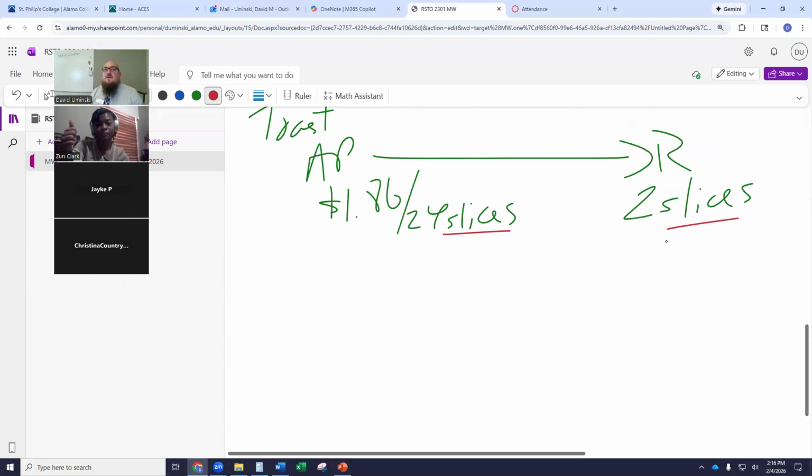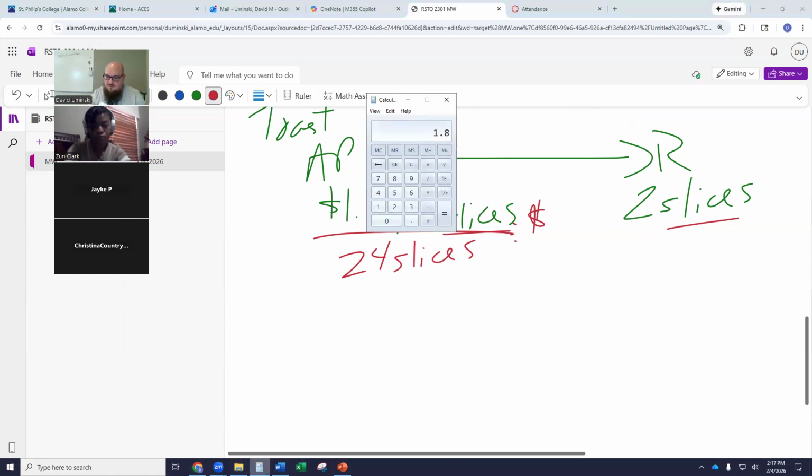Yes, they do. So now our next step is to get down to the cost of 1 unit. So how do we decide from $1.86 for 24 slices what's the cost of 1 slice of bread? 186 divided by 24. Exactly. 186 divided by 24 slices. And that's going to equal, all right, so everyone take a look at this.